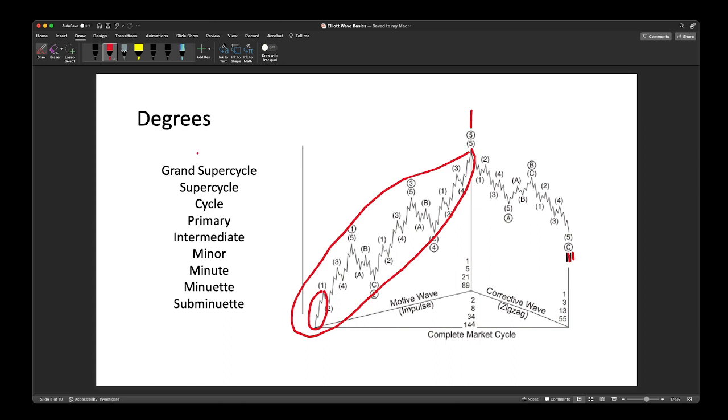So keep in mind which degree you're in. I want to get that out of the way, starting off brand new, because the grand super cycle is your biggest degree, and then it goes down into the super cycle, primary, intermediate, all the way into the subminute. And we always have to keep in mind what degree we're talking about.